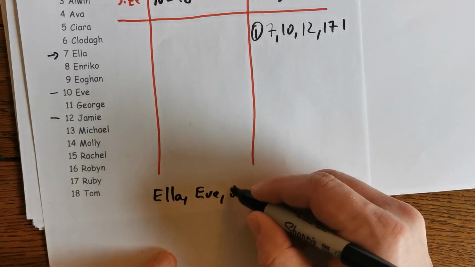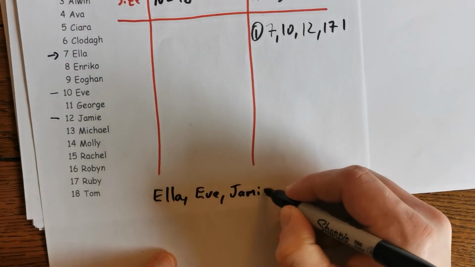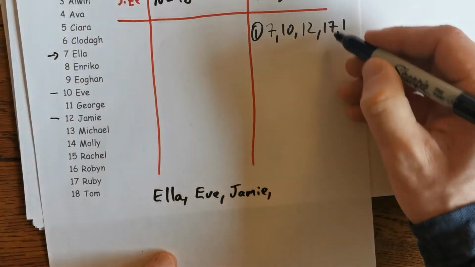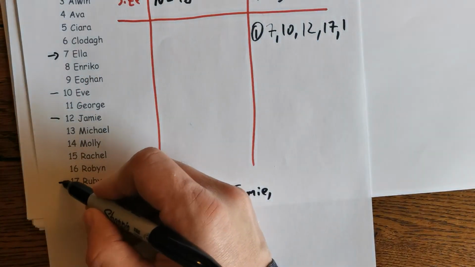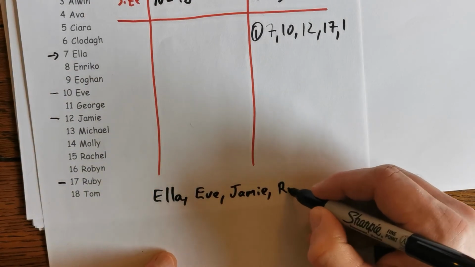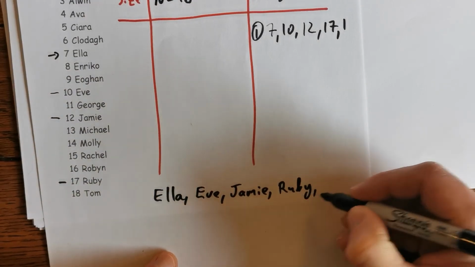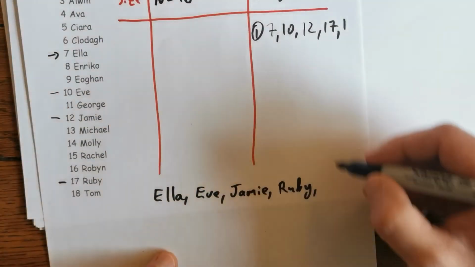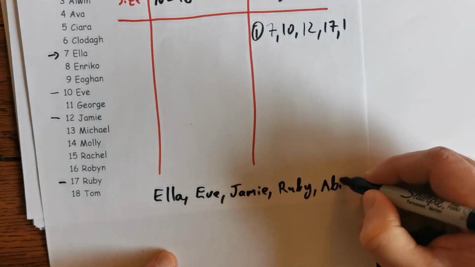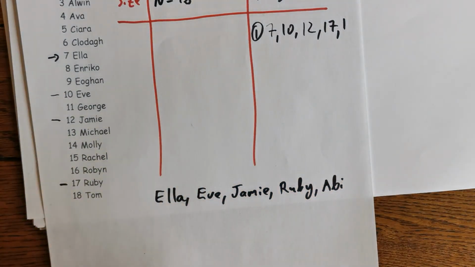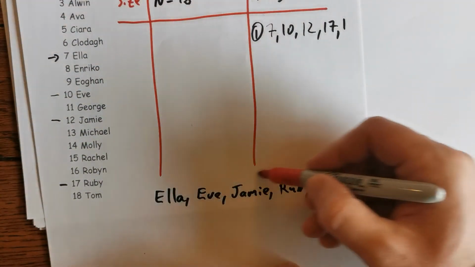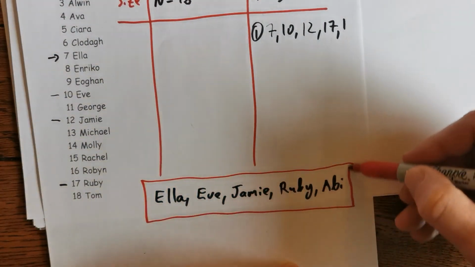So Jamie is going to be in my sample. Person 17 is Ruby. So Ruby is going to be in my sample. And person 1 is Abby. So Abby is going to be in my sample. That sample is a subset of the population, since every member of the sample is also a member of the population.